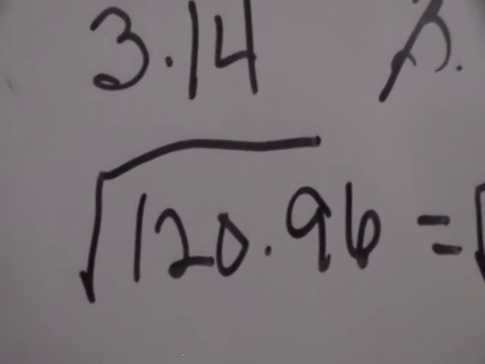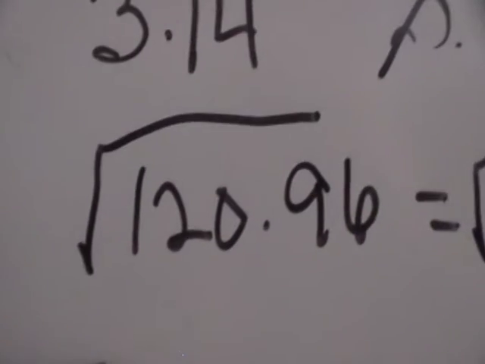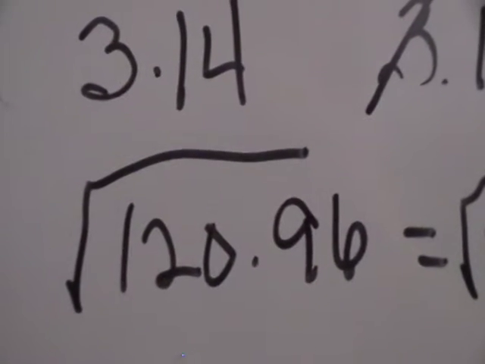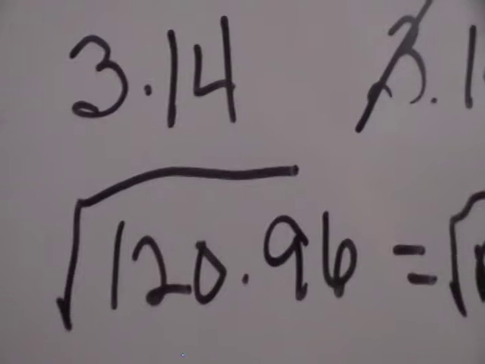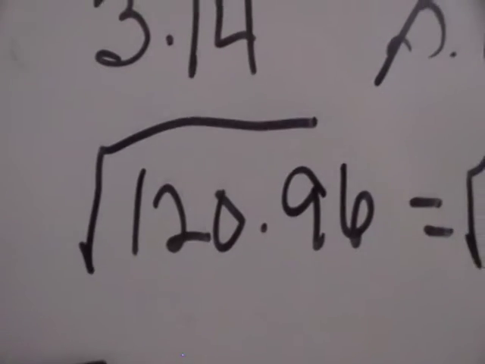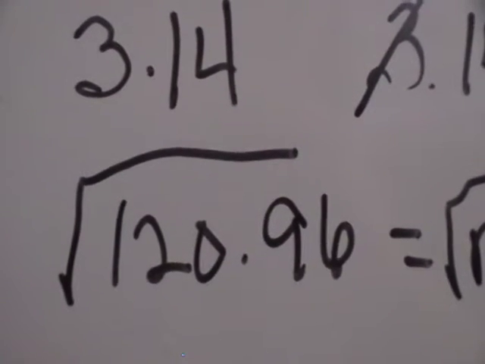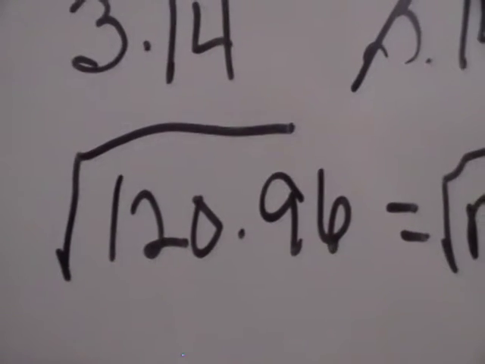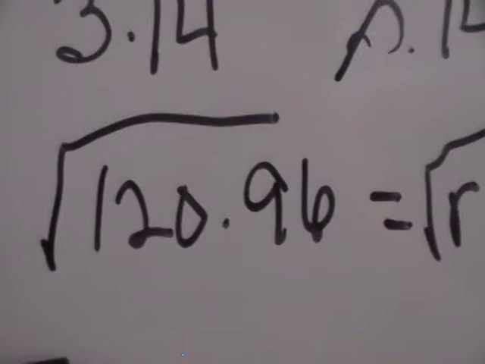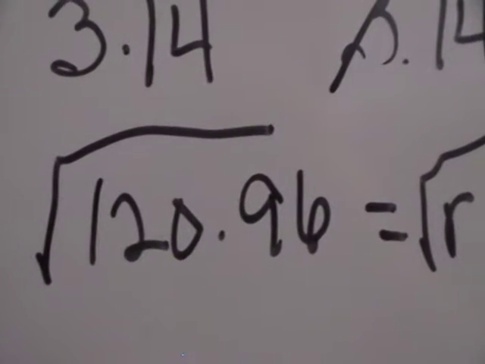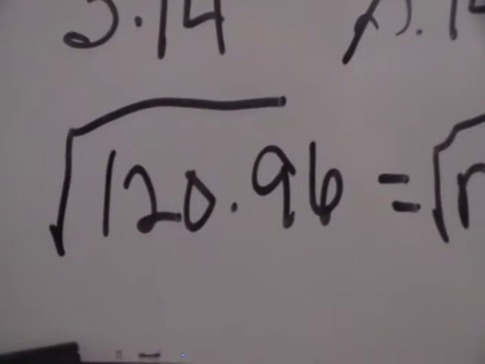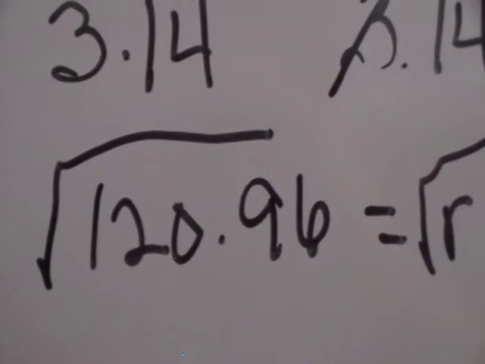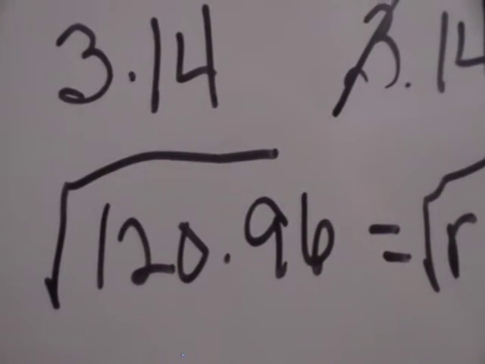There's a couple of checkpoints, so I want you to try those. Checkpoint 4, 5, and 6, and in 6 they do the same thing as they did before, where they show the diameter. So take a couple of minutes, pause the video, and then come back. The answer to number 4 is 201 inches squared.